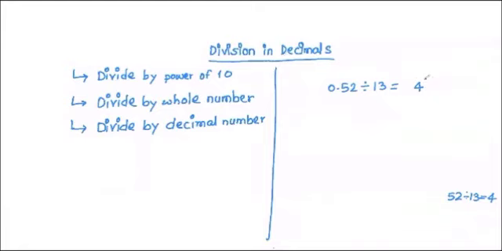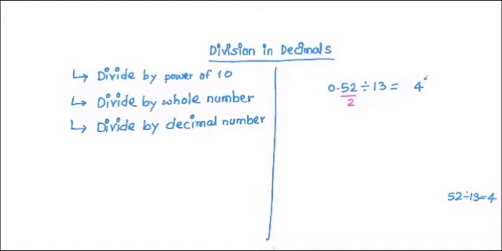So let's take this decimal point for a reference. So we have 4 and then after 4 there is a small decimal point. Now let's count the number of digits after decimal point in our dividend. We have 2 digits after decimal point in our dividend. So as we know, division means our decimal point moves towards left.